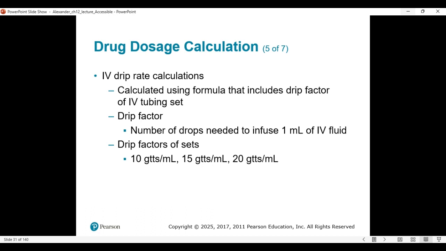And then we have micro drop tubing, which is 60 drop tubing. Certain medications you have to have micro drop or 60 drop tubing to administer, like dopamine or levophed, stuff like that. So we'll talk about that in the next video, of course.